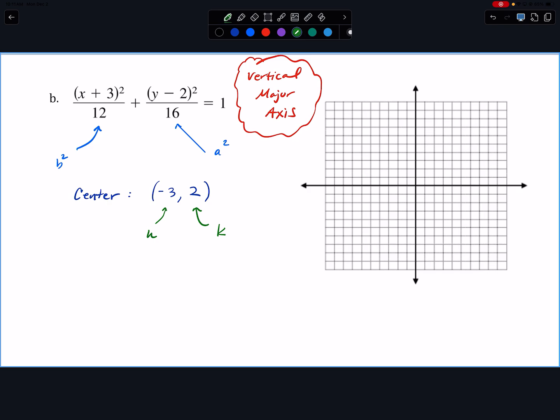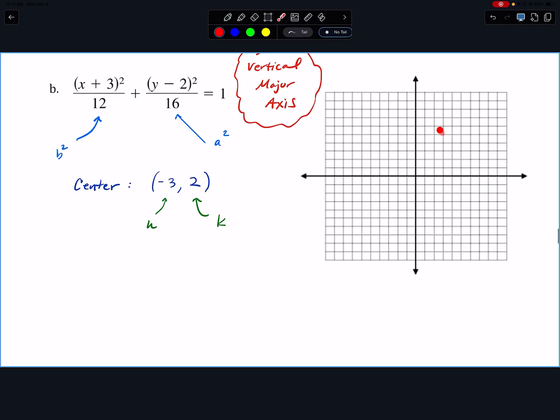Okay, we have to find A and B now. Which one of these is going to make us unhappy? 12. Why? Is that a pretty number? No. We could do a factor tree on 12, but aren't we graphing this? So we really need the decimal version of this number.